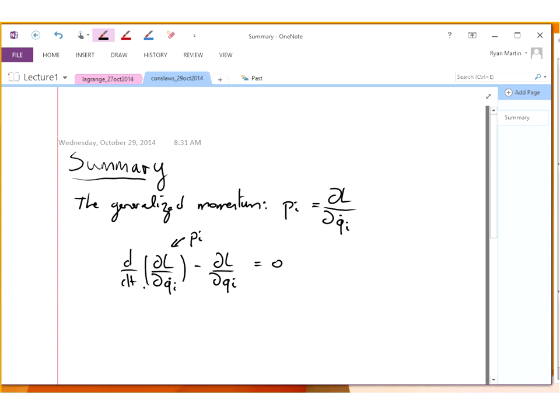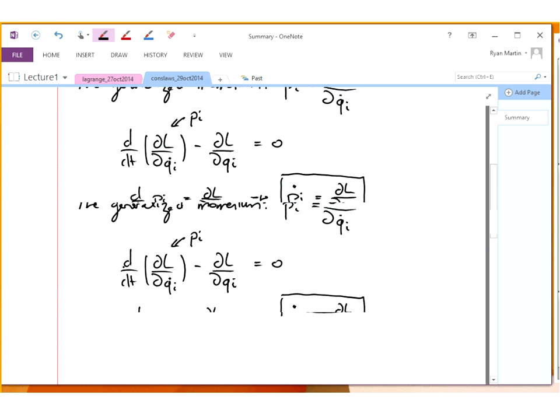So this is d by dt of Pi equals ∂L/∂Qi, or Pi dot equals ∂L/∂Qi. That's simply rewriting the Euler-Lagrange equation using p's instead of Qi dots.